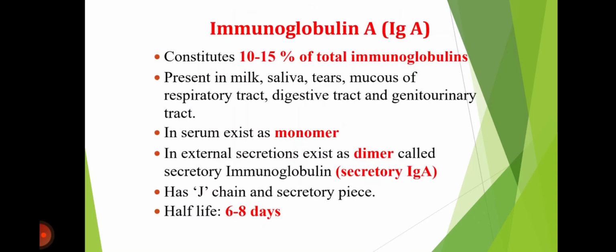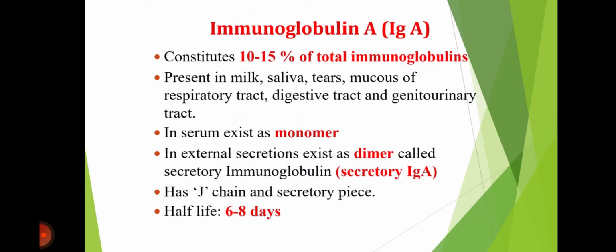Now let us discuss immunoglobulin A, that is alpha, in detail. It constitutes about 10 to 15% of total immunoglobulins. As we discussed, IgG constitutes about 80% and IgA about 10 to 15%. IgA is present in milk, saliva, tears, and mucus of the respiratory tract, digestive tract and genitourinary tract.